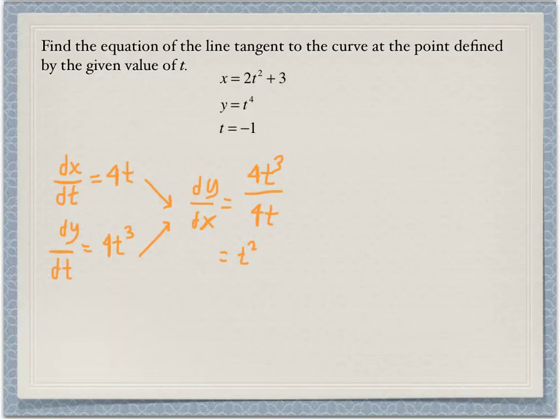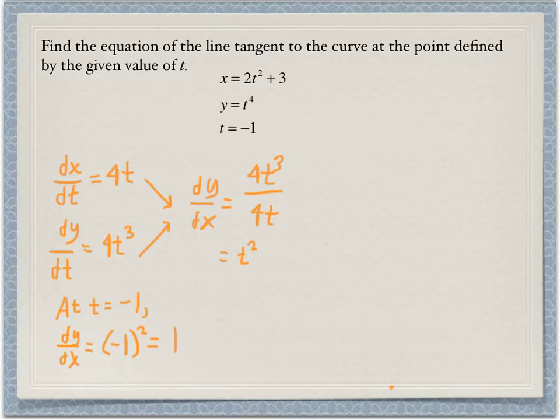Now, what is that again? Well, that's my dy over dx. We know that as the derivative. In this particular case, we know it as the slope. So the idea here then is that when t is equal to -1, then this dy over dx, which we know as the slope, will be -1 squared, which is 1.